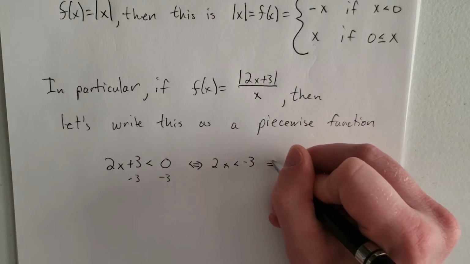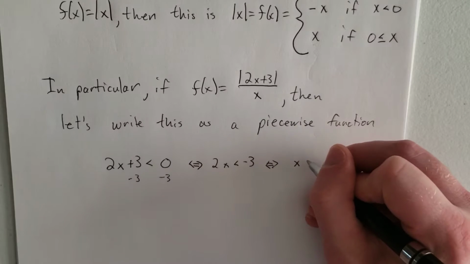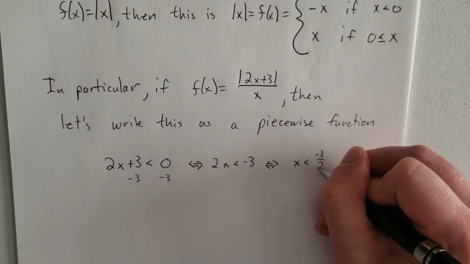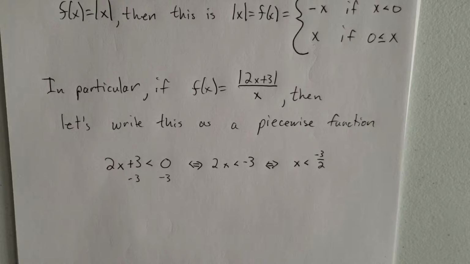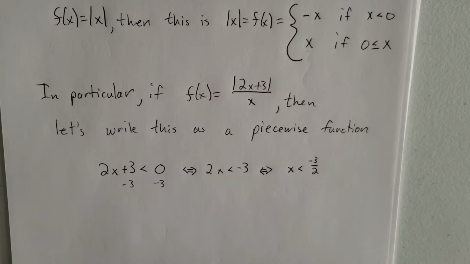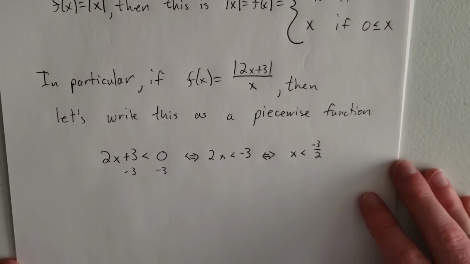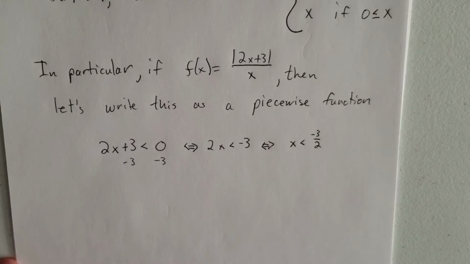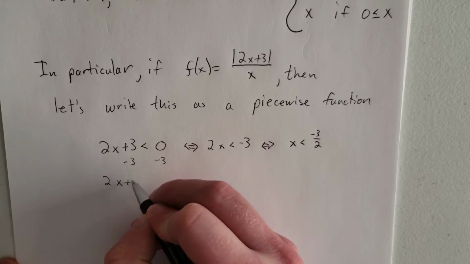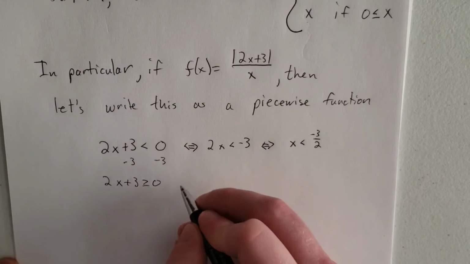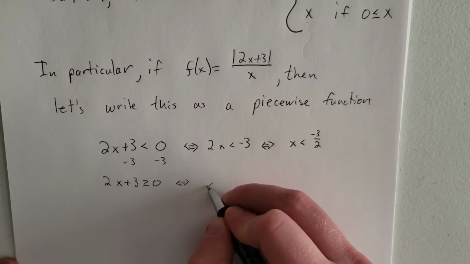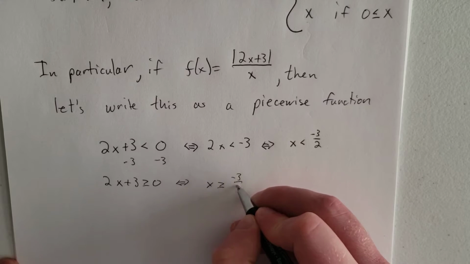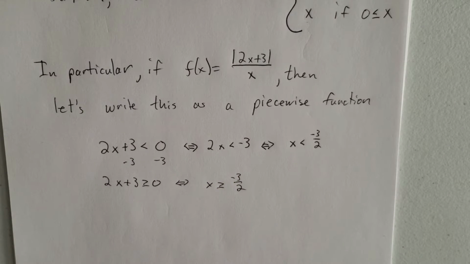And here, that is equivalent to x is less than negative 3 halves. So 2x plus 3 is less than 0 when x is less than negative 3 halves. And of course, it is equal or greater than 0 when x is equal or greater than negative 3 halves, by doing the same calculation as above.